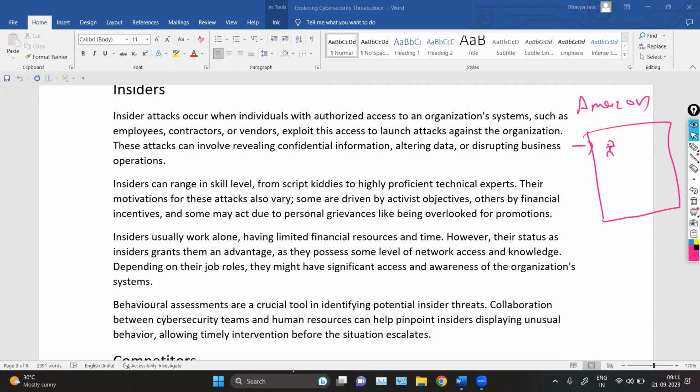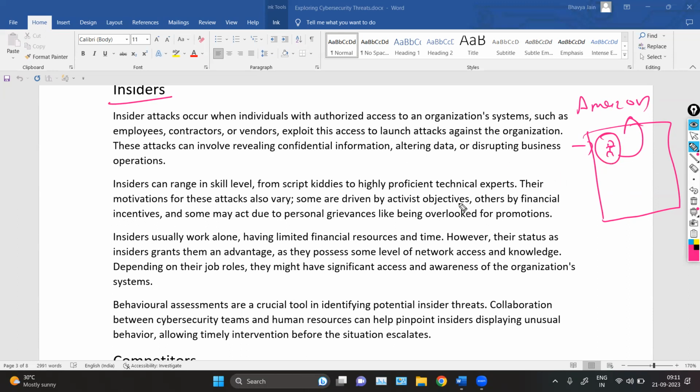Now let's say this employee of Amazon, she or he has that authorized access to the systems. Now this employee is crafting an attack against Amazon. So that is known as an insider attack, which is individuals from the company hacking their own company.